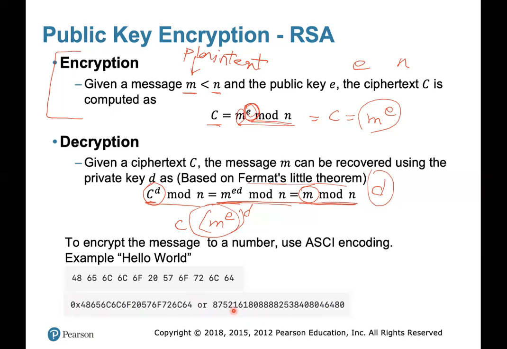After decryption, we get a number, and that number will be recovered to text using the reverse operation. We first convert it into hexadecimal, and then every 2 hex digits are considered as the code of 1 ASCII character, and then we convert them to ASCII letters.